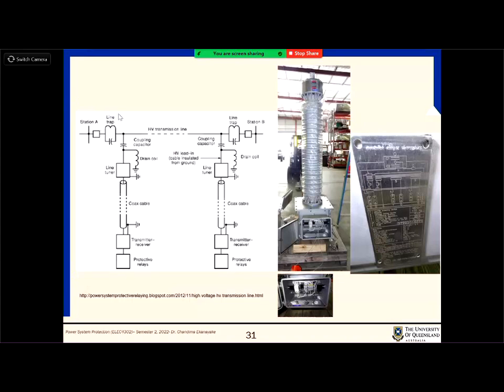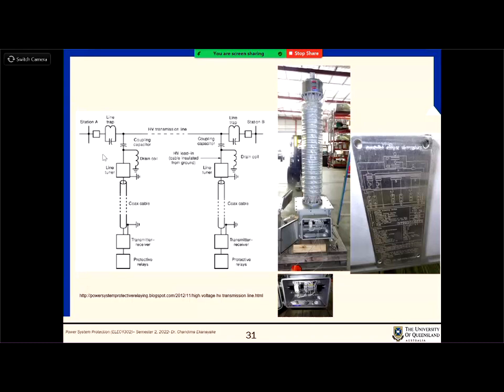Why do you need the line trap here? Because for this signal, we need to avoid it going in this direction, and we want to push the whole signal towards the other end here. Then we need to find a mechanism to stop that signal going towards the station A direction. So that's why they put a line trap.